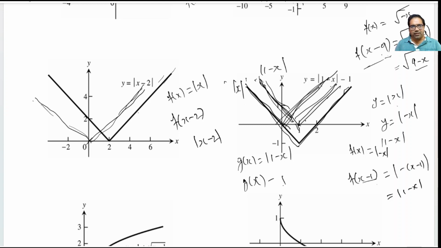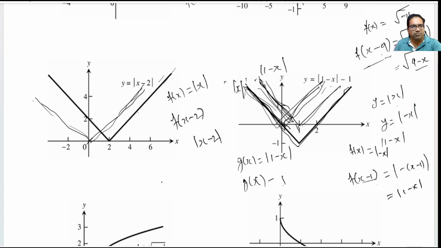So what is the final graph of mod of 1 minus x minus 1? That is this graph. We started with mod of x. Then we inverted it, mod of minus x, which is also the same. Then mod of 1 minus x is f of x minus 1 when f of x is mod of minus x. That's why this graph is shifted rightwards, and then shifted downwards.